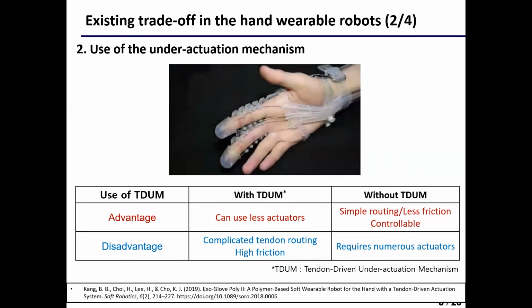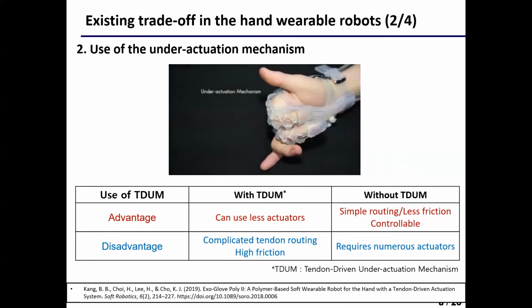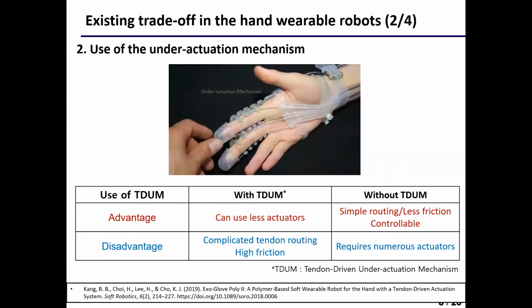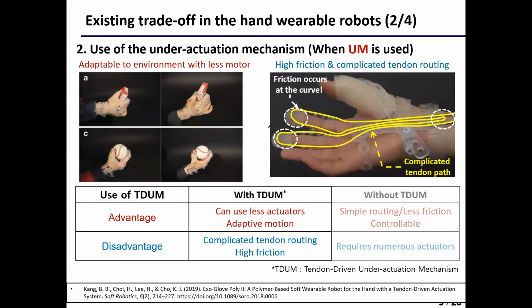However, the use of this mechanism also causes a trade-off between functionality and usability. When we use an under-actuation mechanism, we can make adaptive motion with fewer actuators. However, this mechanism requires complicated tendon routing and causes high frictional force.